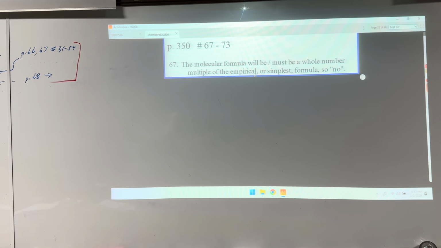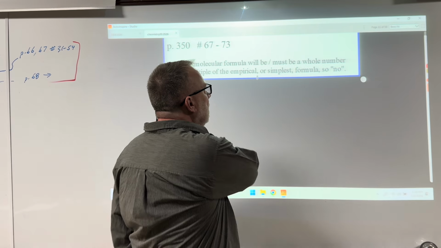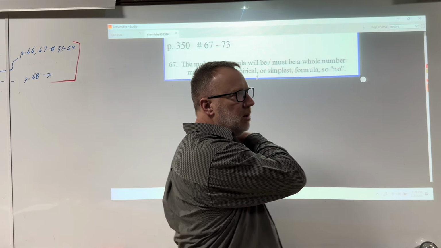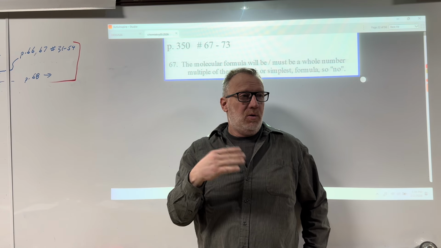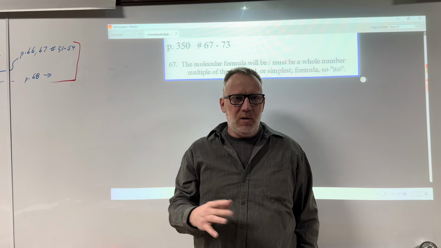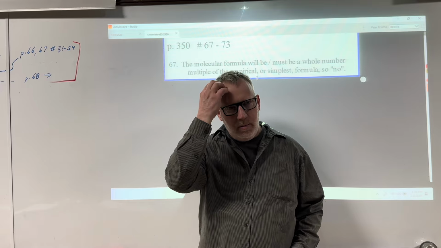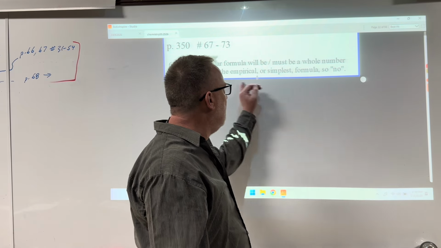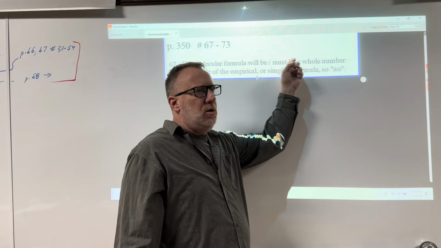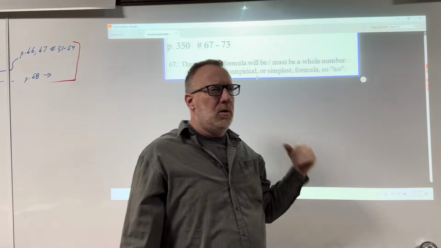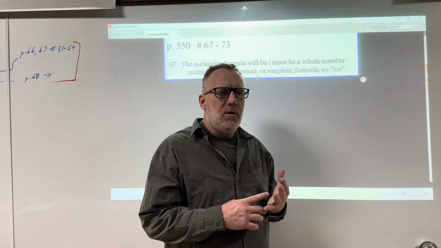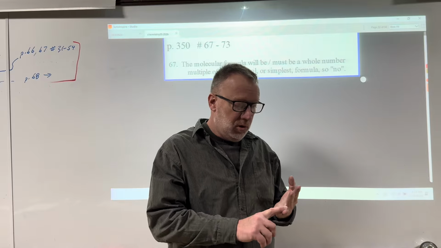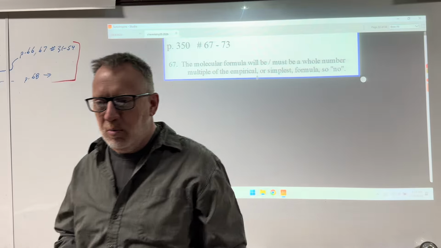Well, the molecular formula has got to be a whole number, so no. Your empirical formula is the simplest, and those numbers can't be halves or quarters or thirds, because you have to have whole atoms. When you figure out that multiplier by doing a molar mass first and dividing it in, that's always going to be 1 or 2 or 3. It's going to be a counting number, a whole number.